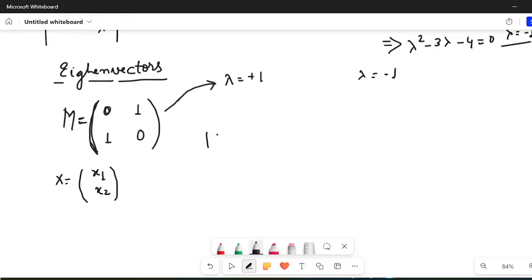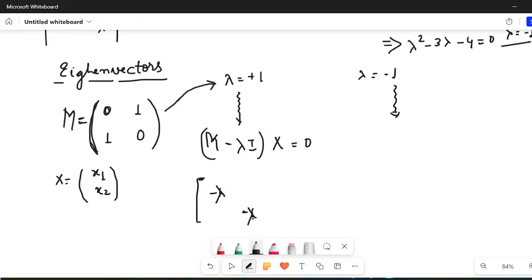I write (M minus lambda I) times x equal to 0. What I'll get here, I'm doing corresponding to this. Sorry, this is minus lambda.